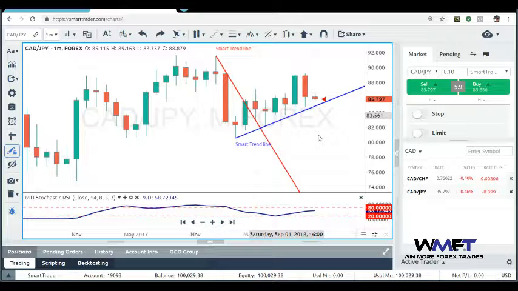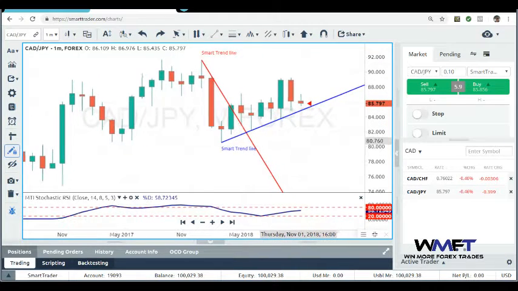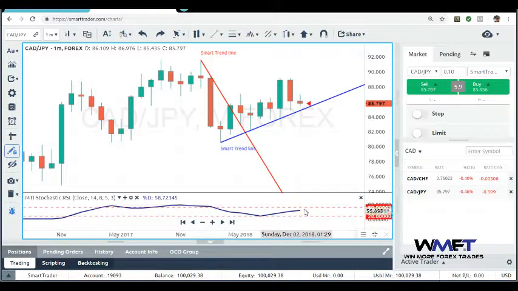So when we're looking at the market right now, stochastic is going into the overbought zone, looking to start selling. Okay, so we have a downtrend that's been broken. We have an uptrend that's going right now, a very new uptrend.